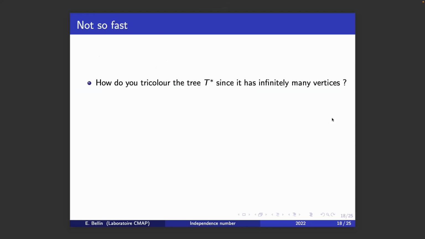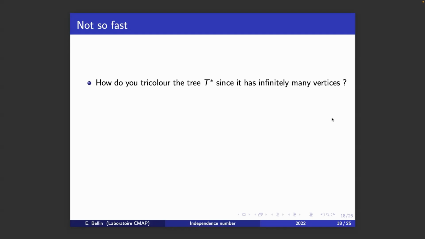Before computing this probability, I want to tackle two questions. The first one is that T star has infinitely many vertices, because Tn has n vertices, so if n goes to infinity, you expect T star to have infinitely many vertices. And remember that the tricoloration uses the fact that the graph has infinitely many vertices.